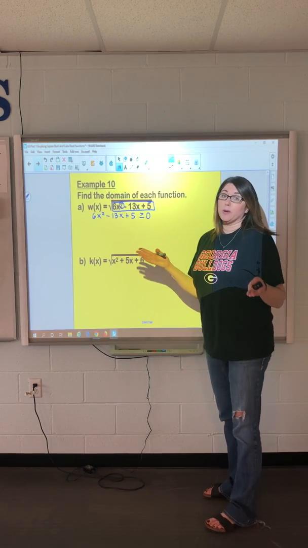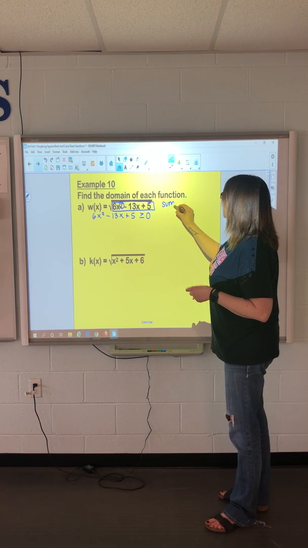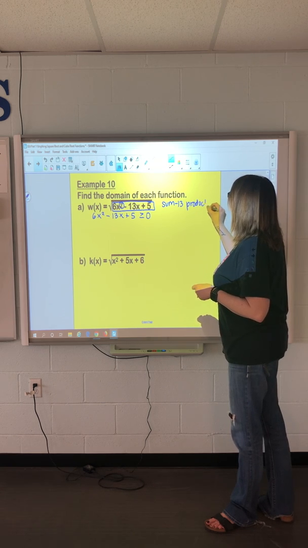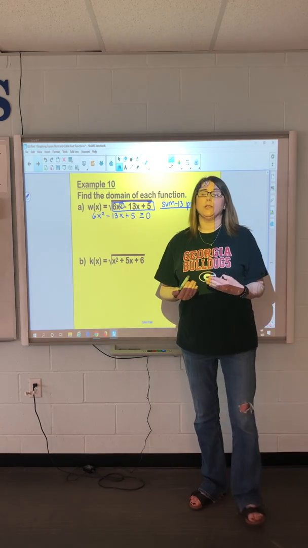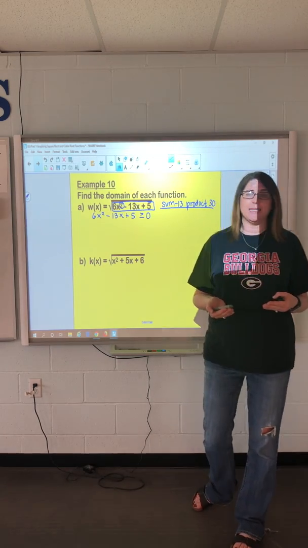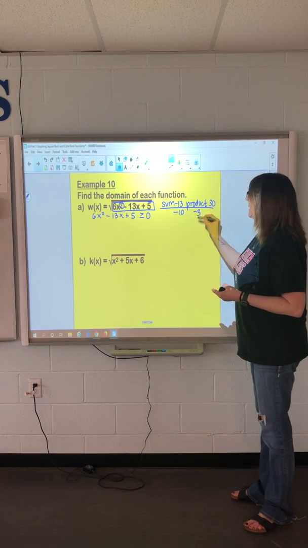All right, so if we were going to factor this, we might jump into a sum and product chart. Our sum is negative 13, and our product is positive 30. So I need to figure out what two numbers can I add to get negative 13, and can I multiply to get positive 30, and those numbers are negative 10 and negative 3.